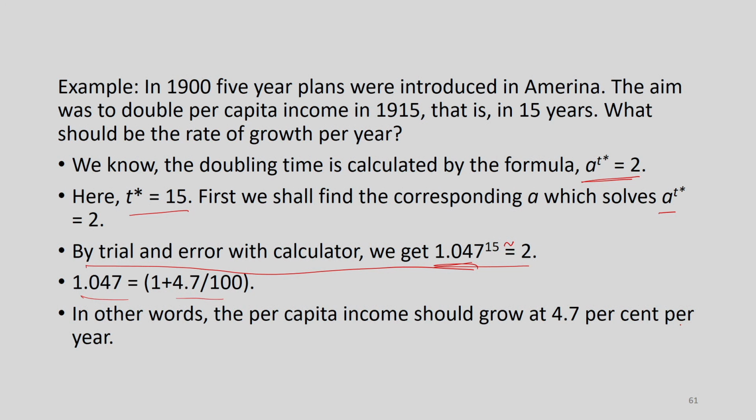In this case it is the growth rate of the per capita income per year. So, this is our solution, which means that this country which adopted the 5-year plans from 1900 onwards and wants to double its per capita income in 1915, in 15 years, it must grow at 4.7% per year.